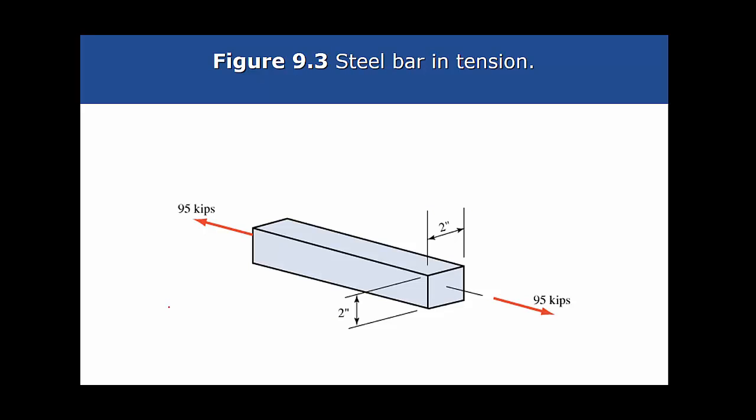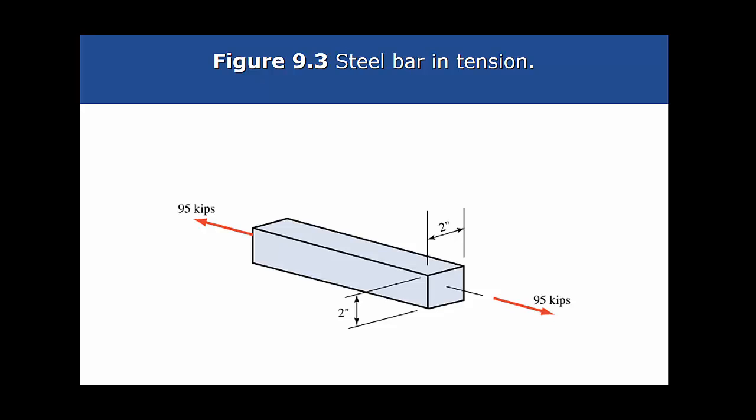Okay, so now example 9.1, this figure is that example. And note, throughout this chapter, it's basically a bunch of example problems to show you how stress and strain are dealt with and how they relate. It says, compute the tensile stress developed in the square steel bar that is 2 inches by 2 inches in cross section, shown in Figure 9.3.